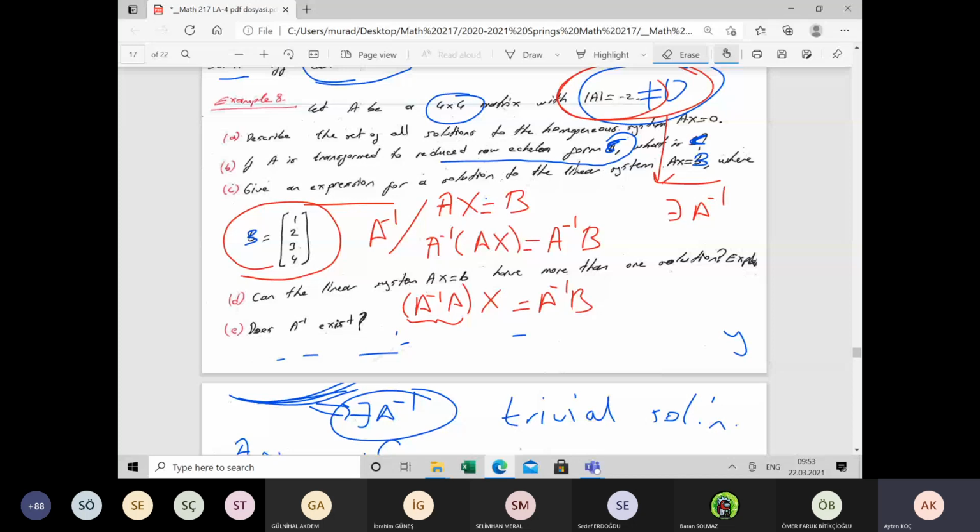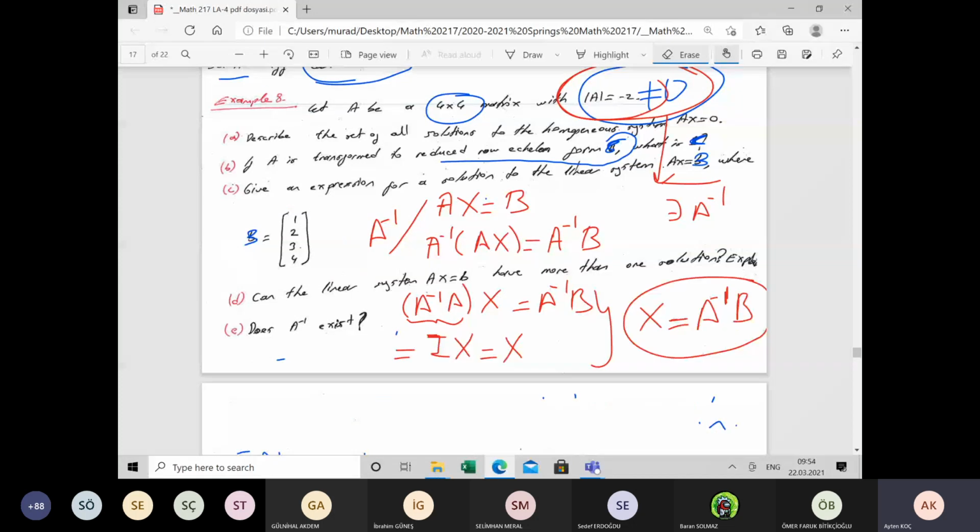So we obtain x, the solution of our system, equal to the inverse of A times b. This gives the formula to find the solution of the system.